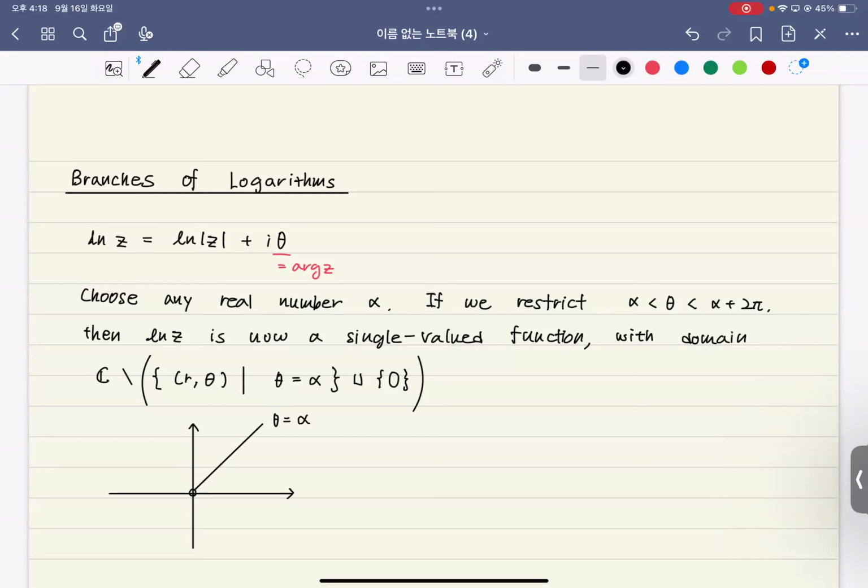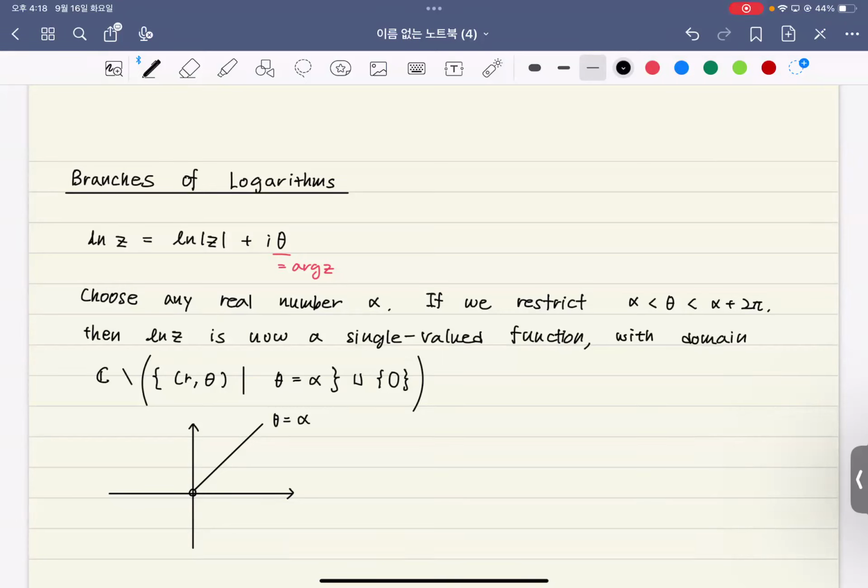The ray — this is not a straight line, but a half line, so sometimes I would say this is a ray — the ray where theta equals alpha is here. If I get rid of the origin plus this ray over here, then maybe I can define a single-valued function for the log function.